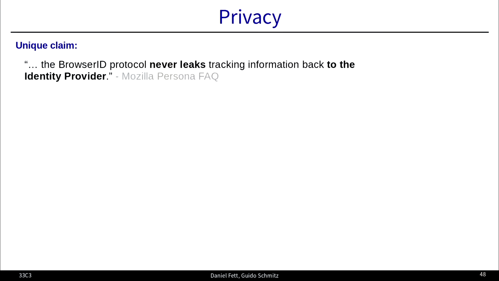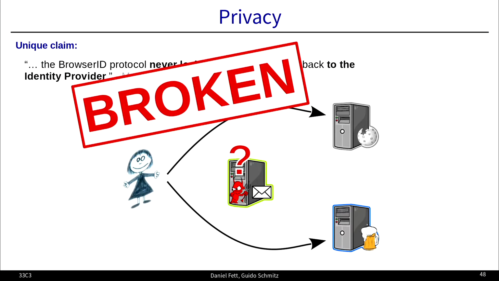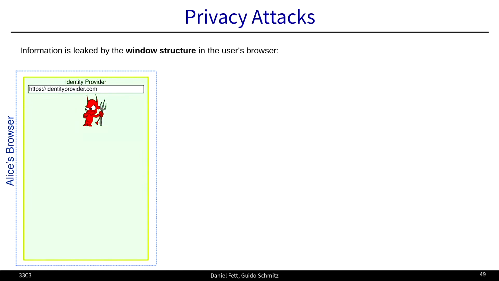So as you remember, privacy says that, or in the words of Mozilla, the BrowserID protocol never leaks tracking information back to the identity provider, except it does. So ideally, the identity provider should be unable to tell where the user logs in. In fact, this is broken because in a browser the following happens.